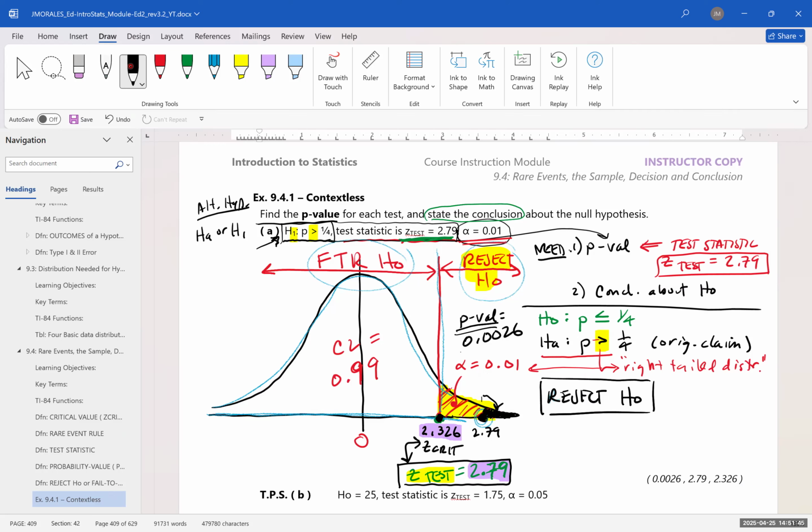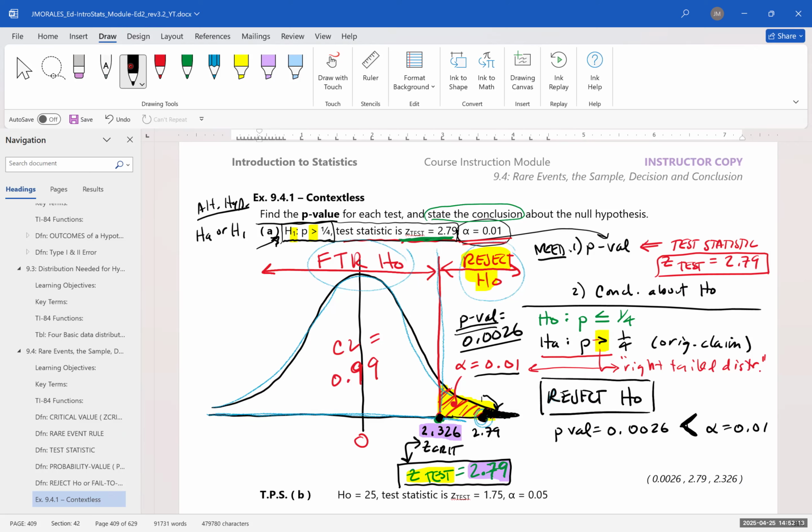So when you look at this area and you compare it to this area, is the p-value smaller? And so in this case, the p-value is 0.0026, and our significance level is 0.01. The p-value is definitely smaller.